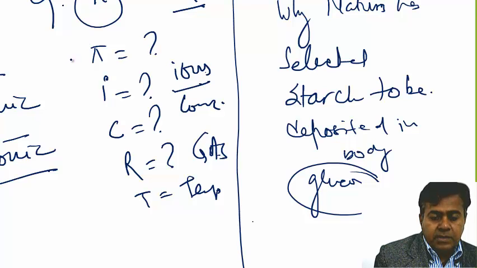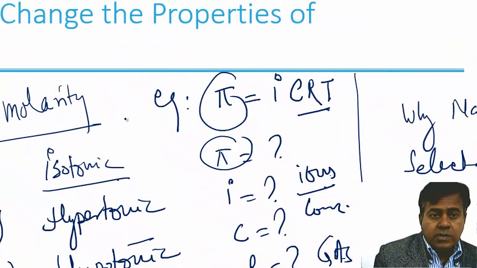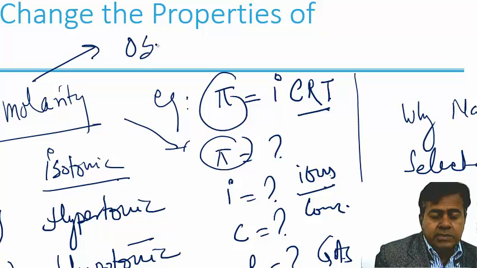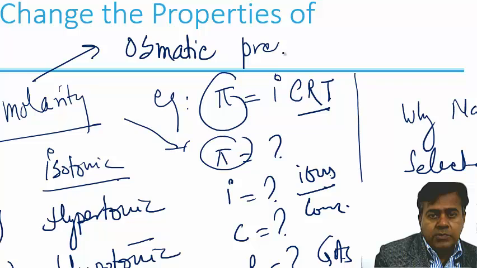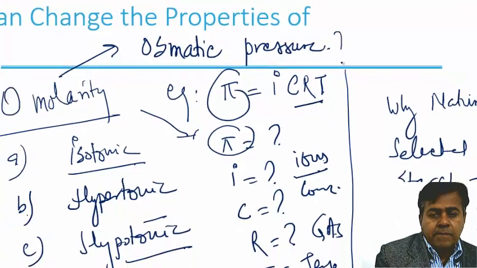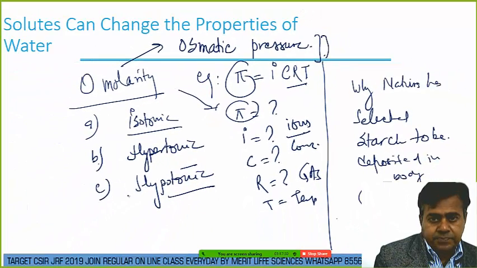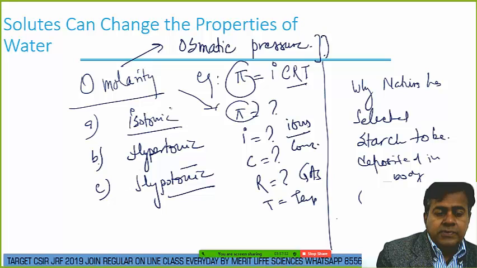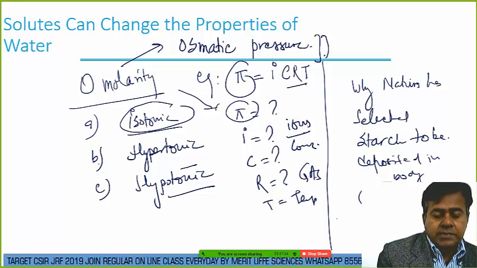And pi is equal to osmotic pressure. Osmolarity can equally be defined as osmotic pressure. Correct? So if I am talking about the isotonic, in that condition, how will you apply this formula?